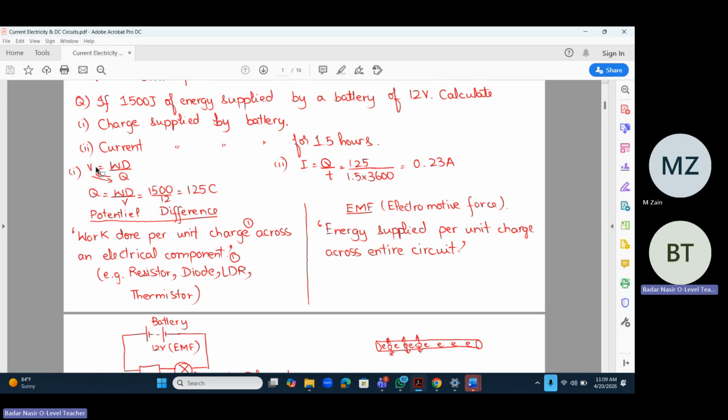So Q is work done over volts. ठीक है, so work done की जगह we'll write 1500 and voltage is 12, you divide it, you get the value of the charge. फिर अगले part में current मांग रहे हैं. Once you have the value of charge and time, तो I is equal to Q over T. So ये formula हमारे पास आ गया.